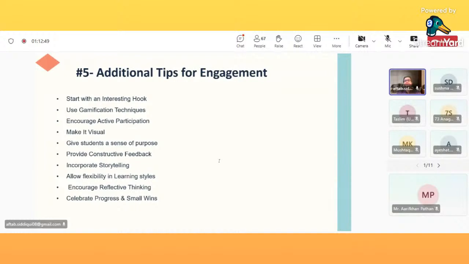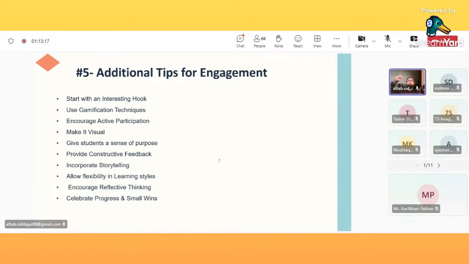Most of the time, what happens? We don't create an environment of asking questions, which I'm doing now. After every slide, I'm asking if you have any question. That gives active participation from the audience. So instead of just lecturing, ask, can any one of you relate this to a patient case?